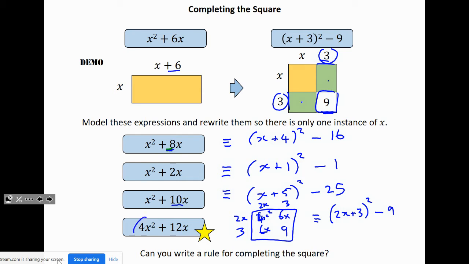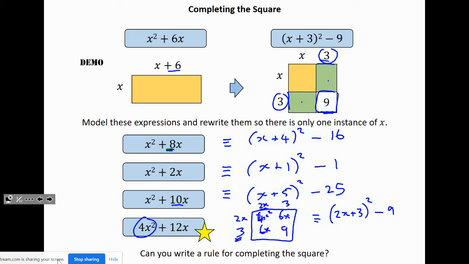So if we don't have 1x squared, it becomes rather different, but we can still do this using our grid here. So our 4x squared, we still want 6x and 6x, but that means we have a 3 here instead of a 6 because we have 2 x's here this time. All right.